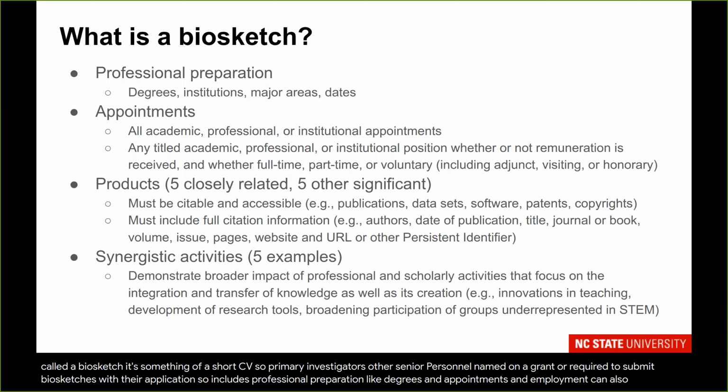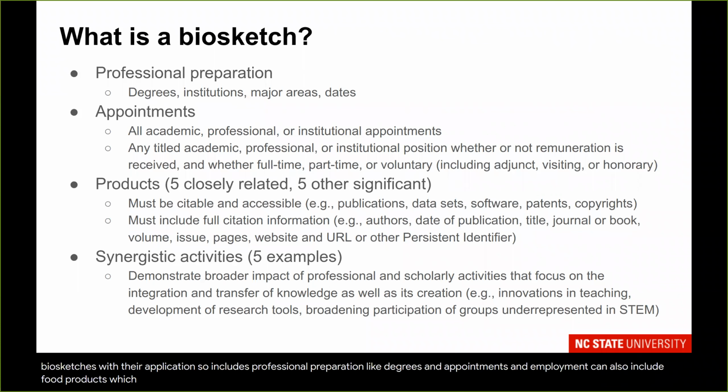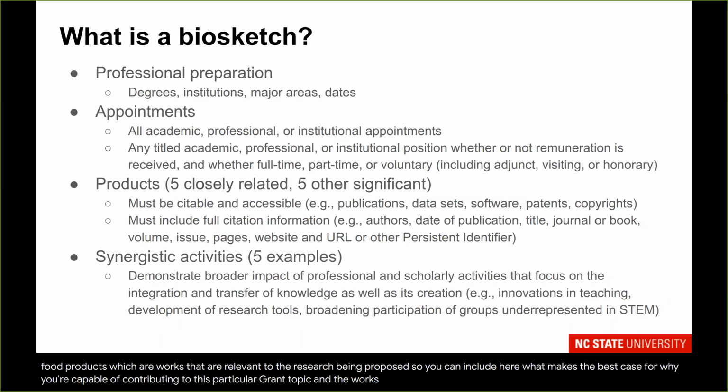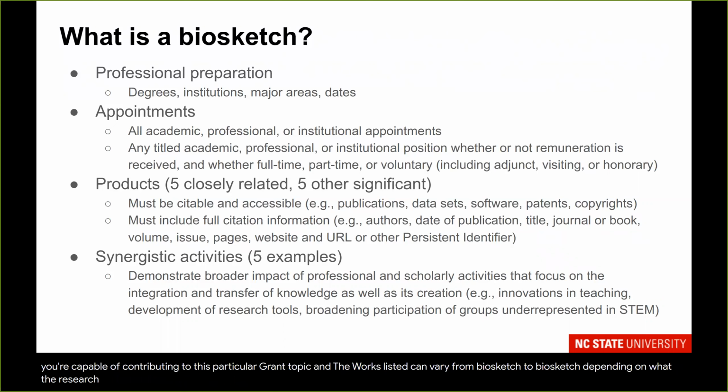It can also include products, which are works that are relevant to the research being proposed. So you can include here what makes the best case for why you're capable of contributing to this particular grant topic. And the works listed can vary from biosketch to biosketch depending on what the research that you're requesting funding for is. And so researchers often have several of these biosketches that they're managing.